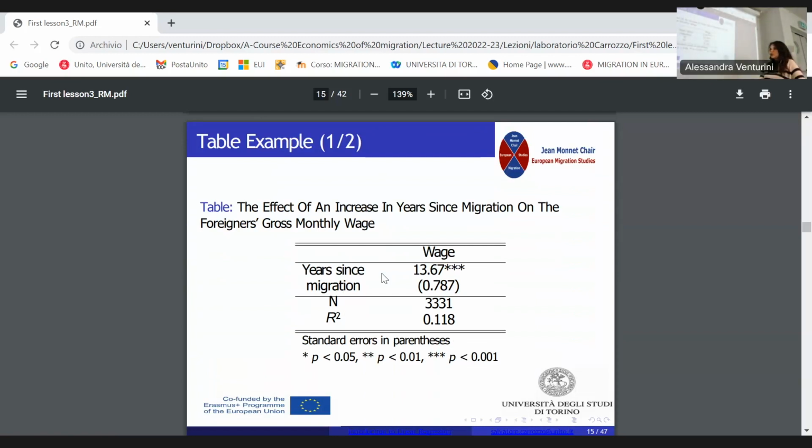If your sample is large, your regression is more robust. But the R square, can you explain what the R square is? So the R square is a measure of goodness of fit. If it is 100, it is a very good fit, meaning that you control all the variability.